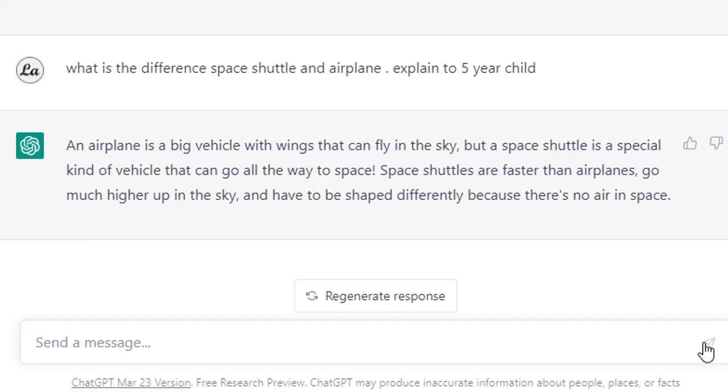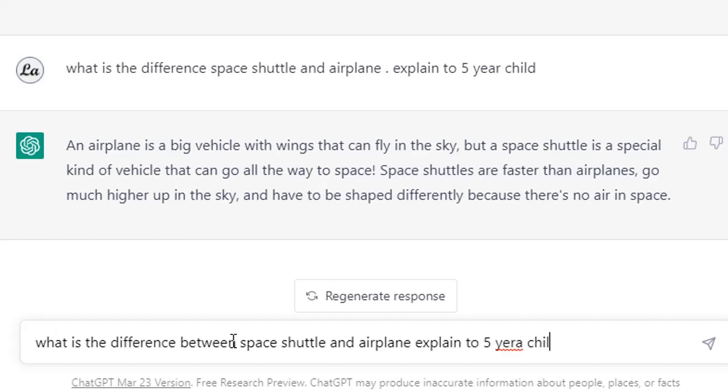Or you can also write, now the question is, what is the difference between the space shuttle and the aeroplane?